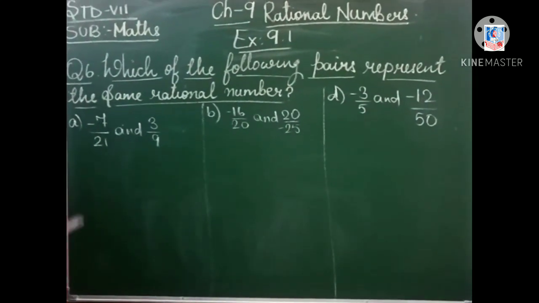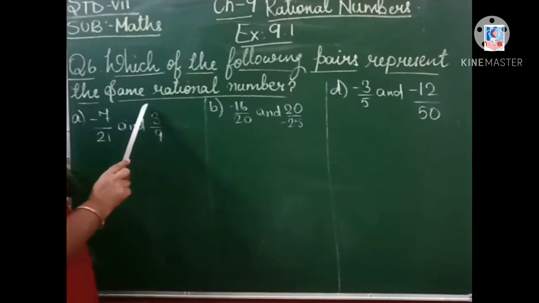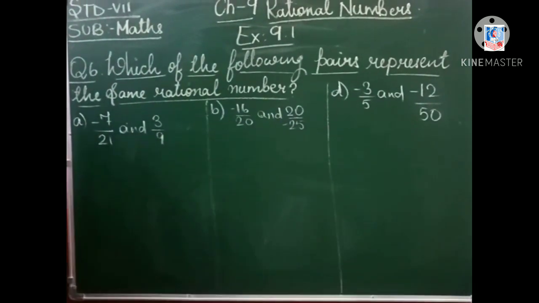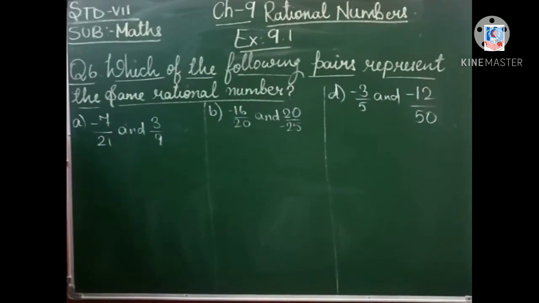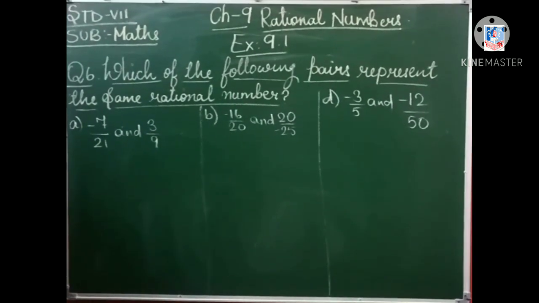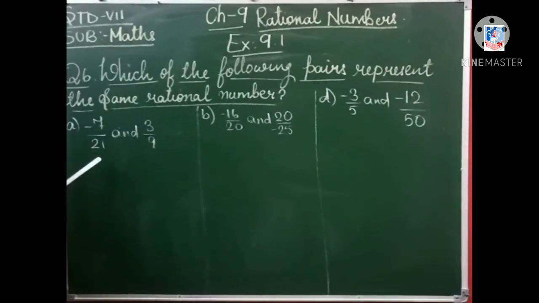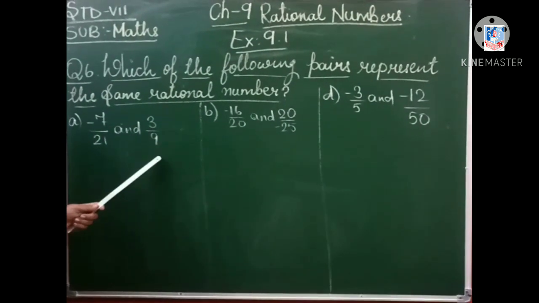Question number 6. Which of the following pairs represent the same rational number? Now, what is same rational number? When we reduce this to the lowest form, it must be same. Now see, first is minus 7 by 21 and 3 by 9.